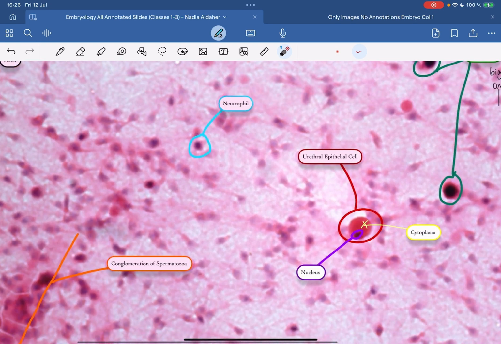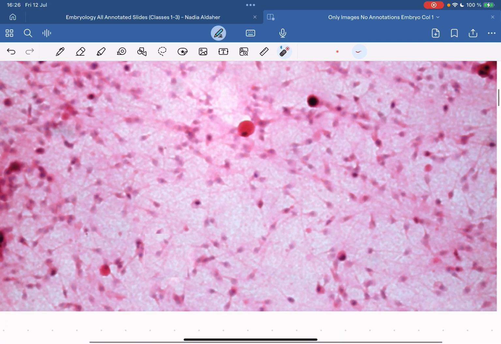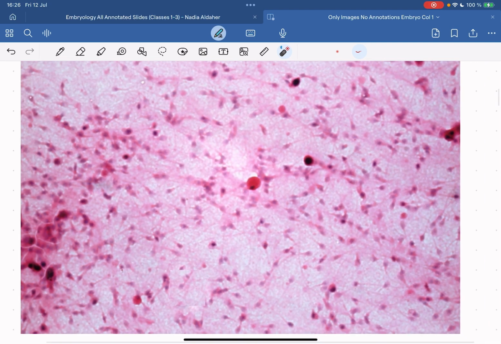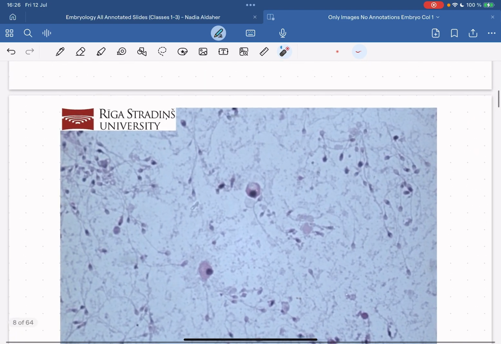Now, the urethral epithelial cell appears as a very big, almost tick-like cell. So it has this big cytoplasm surrounding a much smaller nucleus. We can also see it here: a nucleus and then the cytoplasm surrounding it. A very, very unique cell, and you will be able to spot it from a mile away.